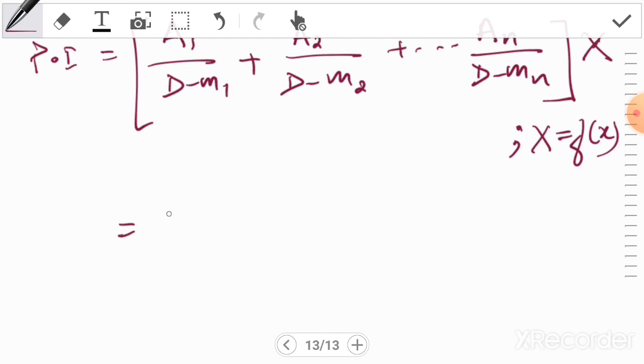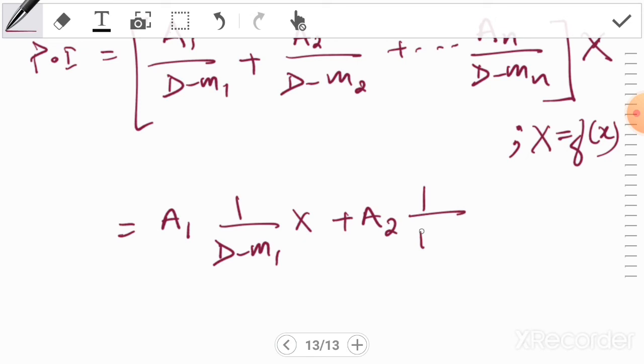Right? So A1 times 1 by (D minus m1) X plus A2 times 1 by (D minus m2) X plus An times 1 by (D minus mn) X.